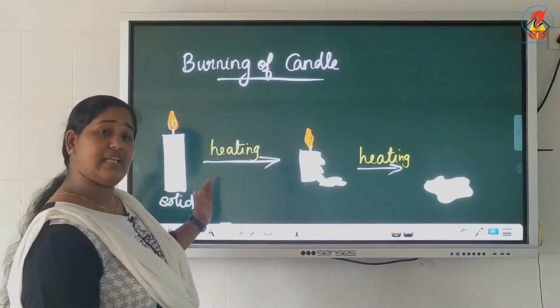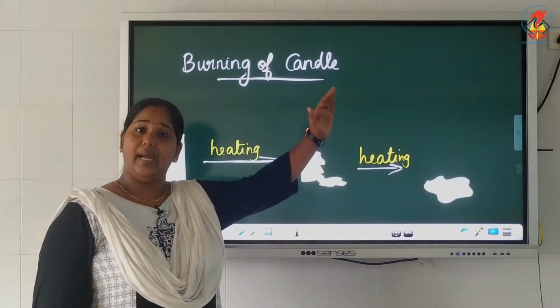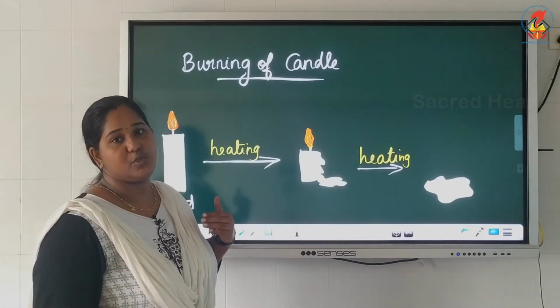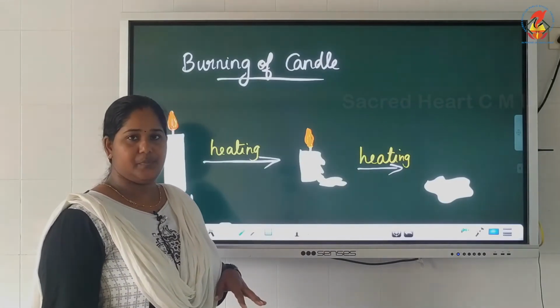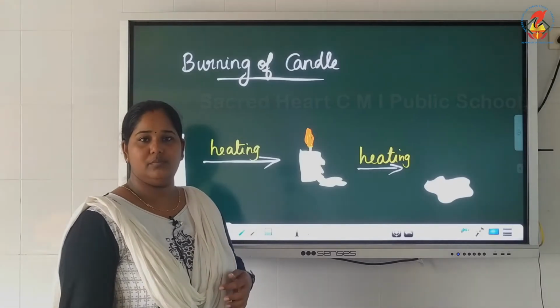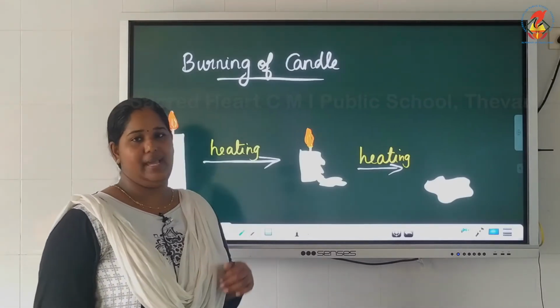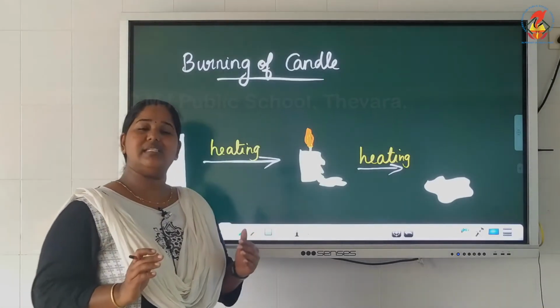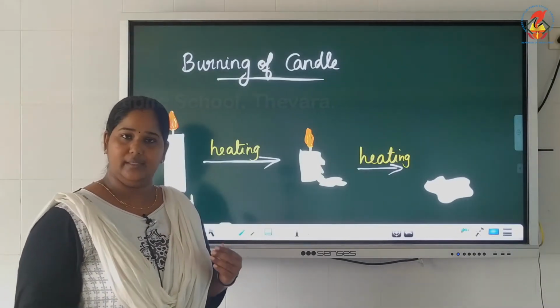Here the solid wax is changed into liquid by heating, and again when the liquid wax was cooled, it has changed into solid back again. Okay, you can just try by lighting a candle at home, with the help of your parents. So this is all about interchanging one state of matter into another.